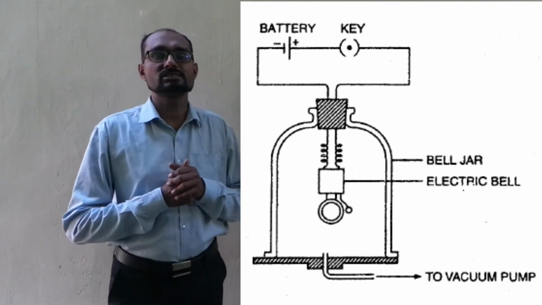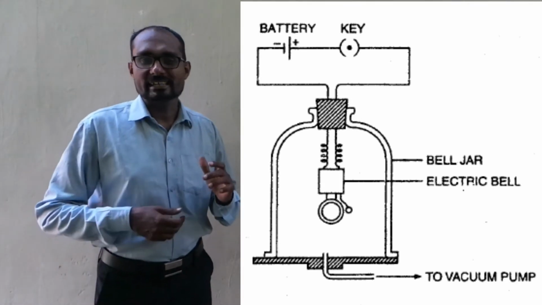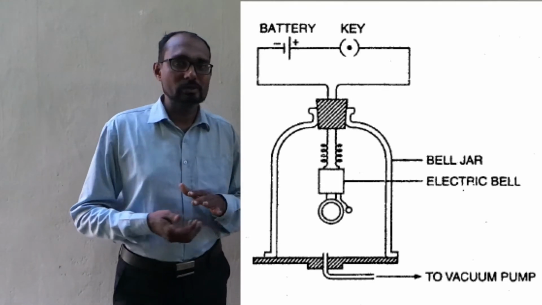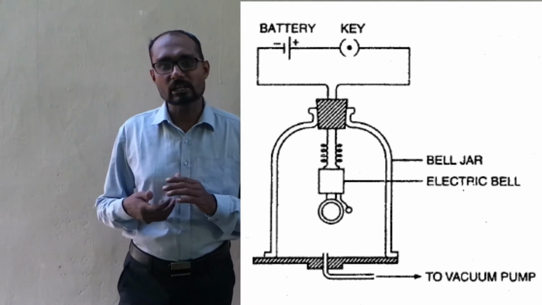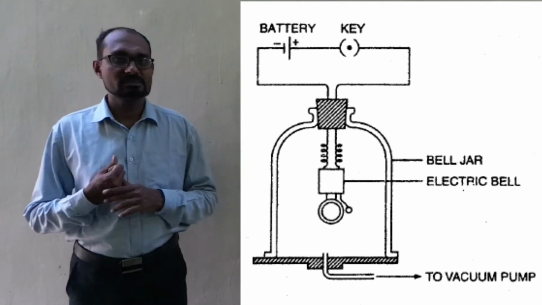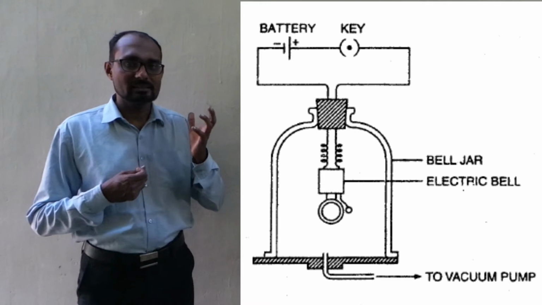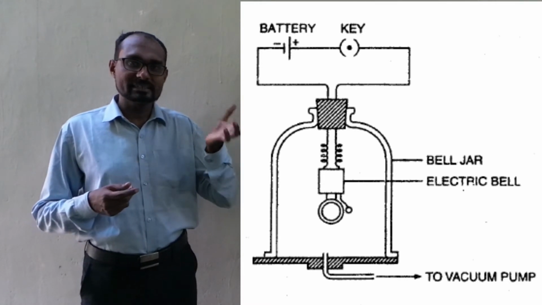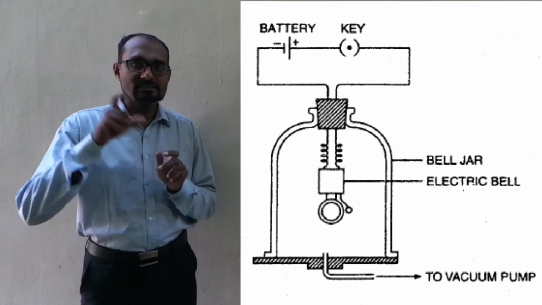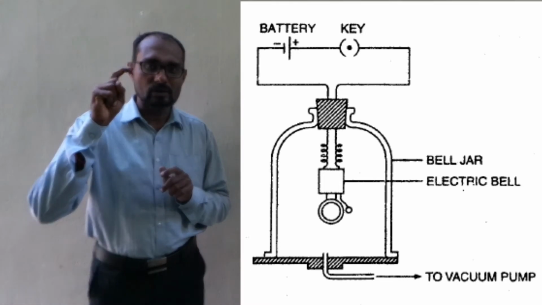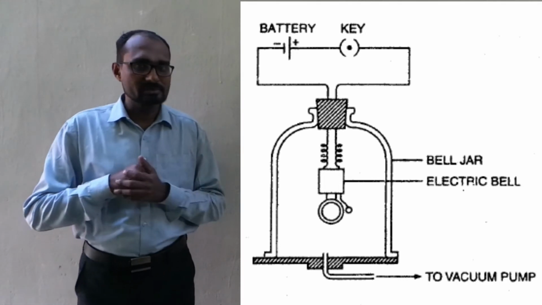I can hear the sound very clearly. Now I use a vacuum pump and slowly evacuate it, trying to take the air out. Then the sound slowly decreases, and finally we can see the hammer striking the gong, but the sound is not heard.